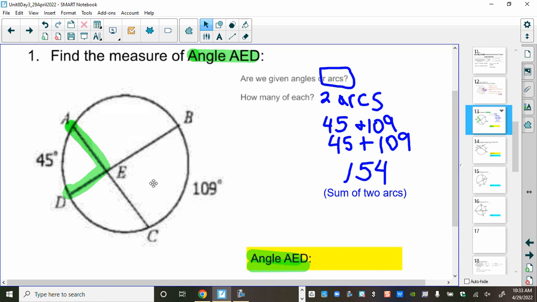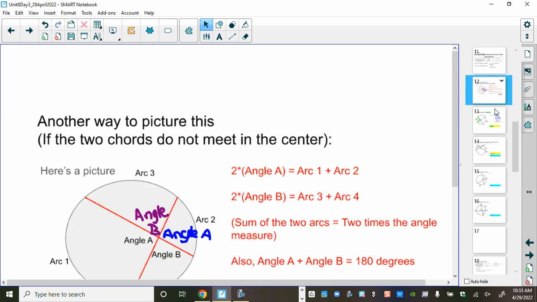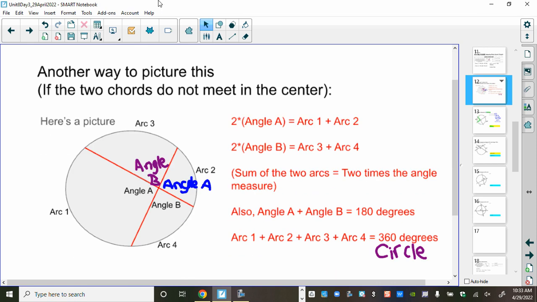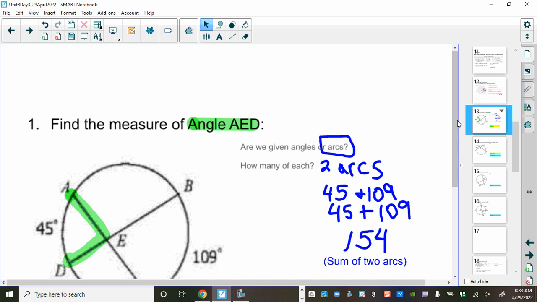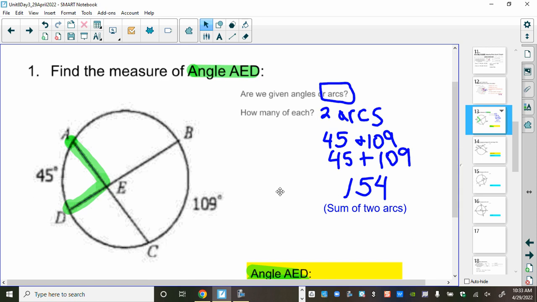Now, if you want the angle, let's go back. So if we're looking for the angle, right? So we got the sum of the 2 arcs. So the sum of the 2 arcs is going to be 2 times that angle, right?